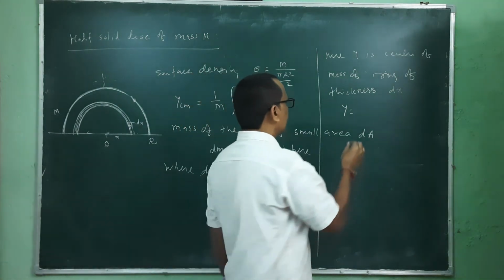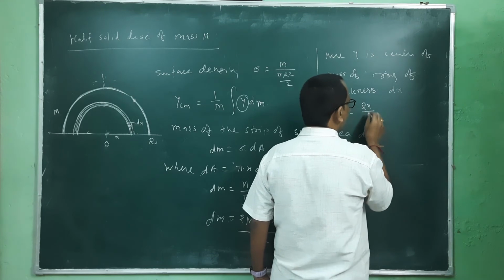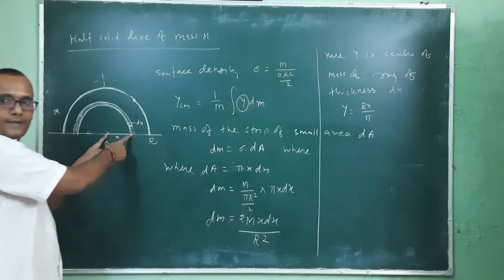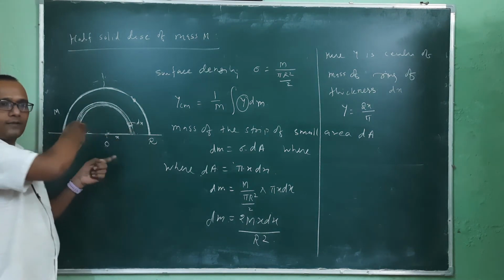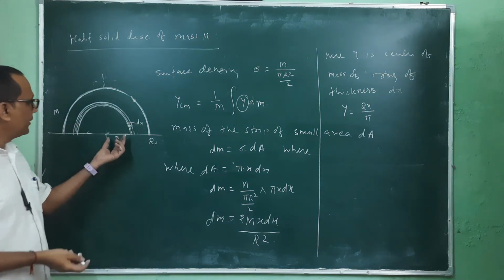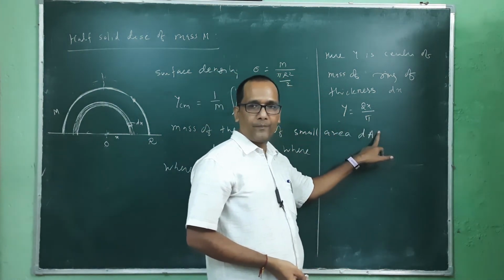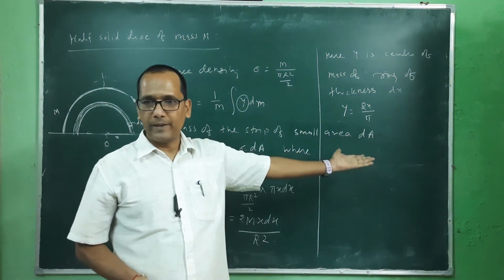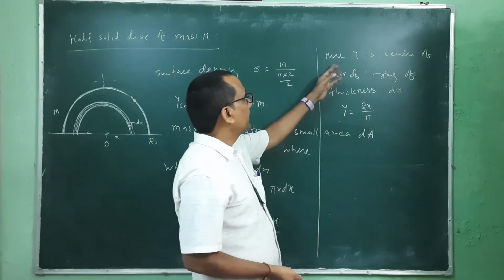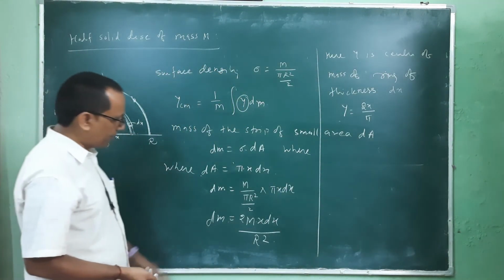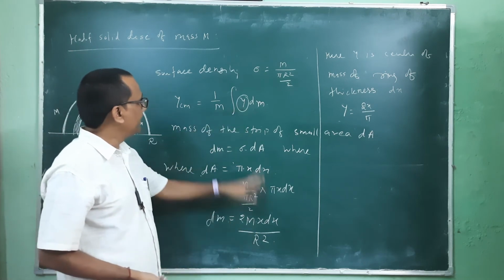So here that will be 2x by pi, because x is the radius of this ring. There the radius was taken as r, here this radius is x, so y is equivalent to 2x by pi. Earlier we calculated 2r by pi. So y is the center of mass of that ring of thickness dx. Now we will put y and this and integrate.